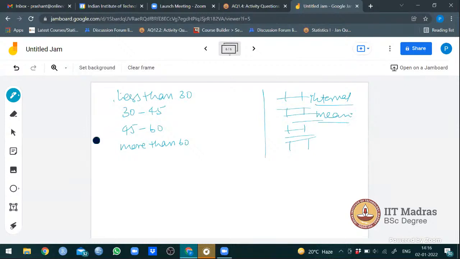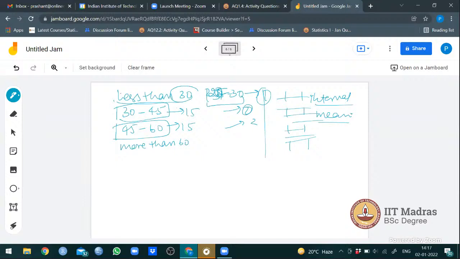Suppose you can perform in this interval and in this interval, there is a difference of 15 minutes. But here you don't know how much less than 30. It can be 0 to 30, 28 to 30, 27 to 30, or 15 to 30 minutes. Anything. So this is just a category.